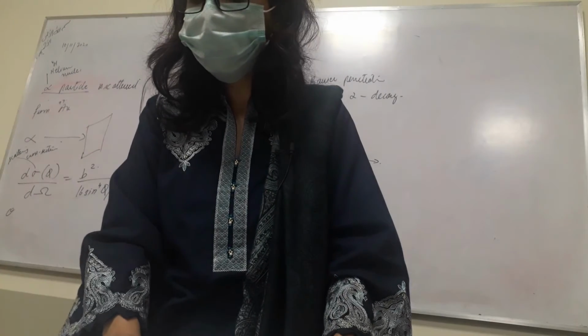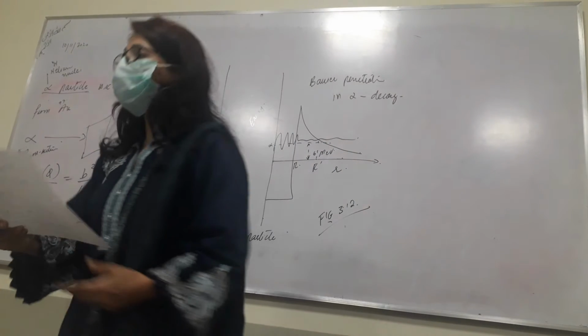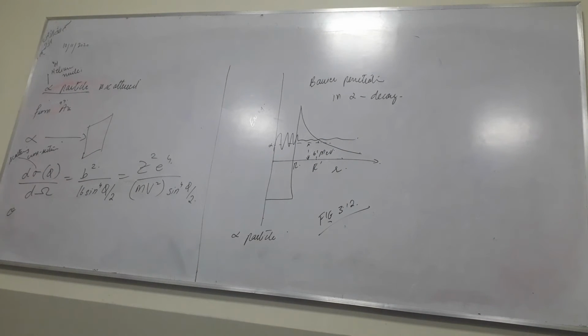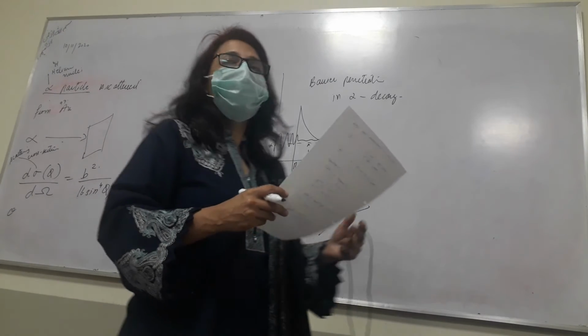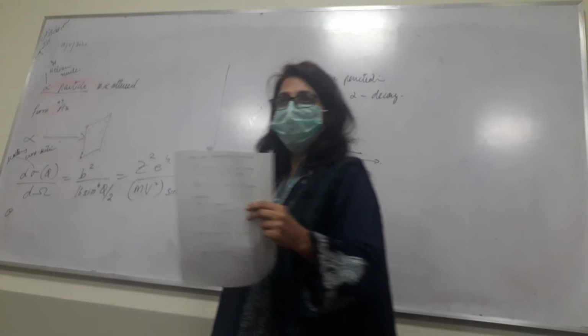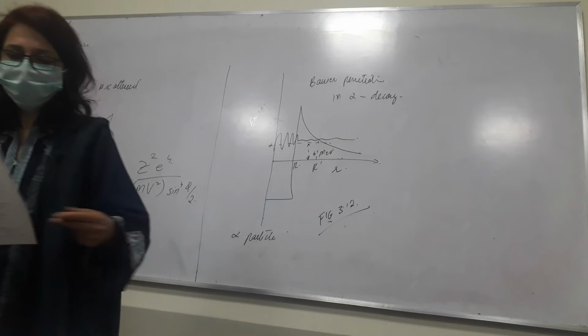But the result remains the same from all these three methods. What is the result? The result is the equation R is equal to R naught A raised to 1/3, where R naught is a constant, and we see the proportionality between the atomic number and the radius of the nucleus.